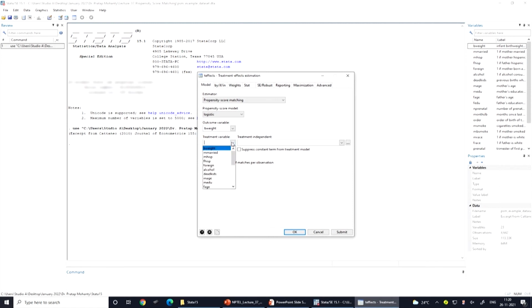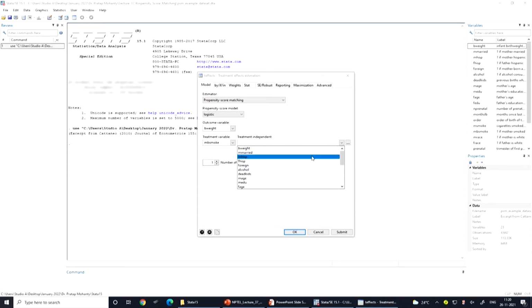Then the treatment variable is the smoking status of the mother, the pregnant woman. And four variables we are going to consider as covariates: whether the mother is married, then age, then education, then whether the mother already has a baby.